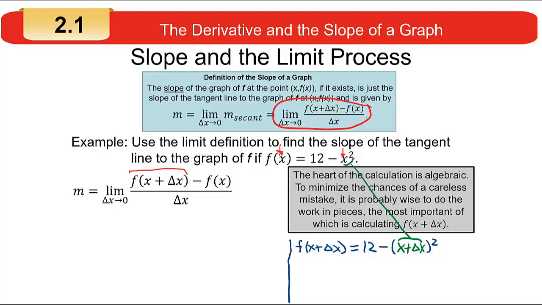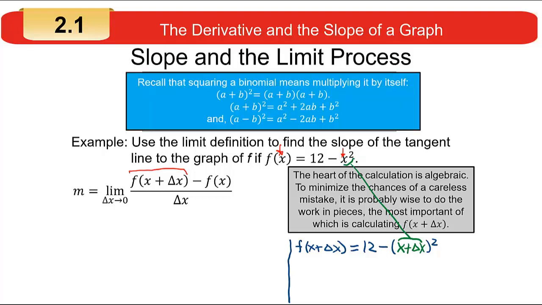So you find out that f of x plus delta x is equal to 12 minus, instead of 12 minus x squared, it's going to be 12 minus x plus delta x quantity squared. And if you watch the preliminary algebra video that I've been promoting since before classes started, you'll know that you have to square that binomial by using the formula a plus b quantity squared is a squared plus 2ab plus b squared.